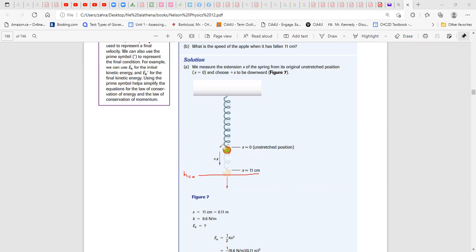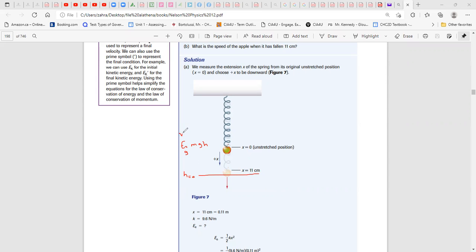So this point will have some gravitational potential energy. So E of gravity is just mgh, some height distance. We can put our zero of the gravitational potential anywhere we want, right? I choose that to be here.